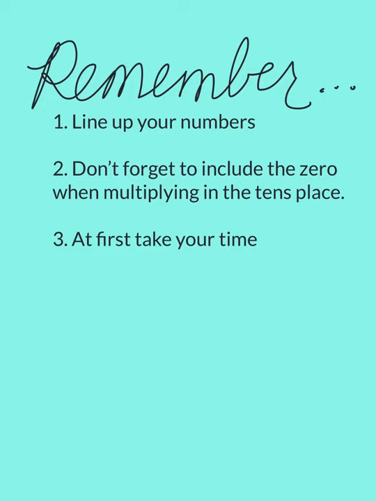Your second row of your product should have that space right underneath that ones place. Number 3, at first you must take your time with these. If you need to circle, if you need to repeat, go ahead and do it. The most important thing is that you get down the steps to solving this, and you will get faster as you go.